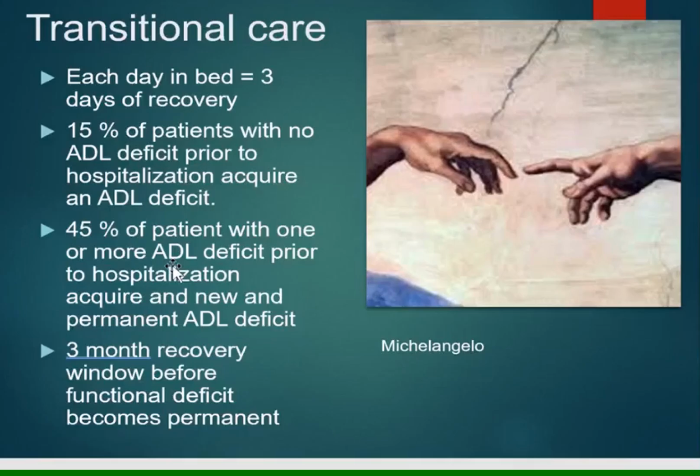And importantly, one of the facts is that basically research has identified a 3 to possibly 6 month recovery window for returning to your prior or pre-hospitalization functional status, but after that, there usually is no additional recovery.